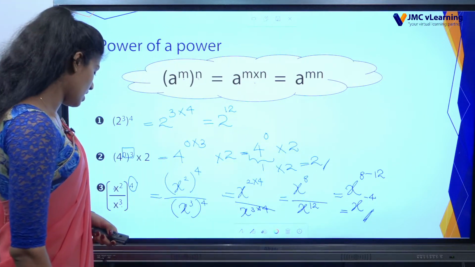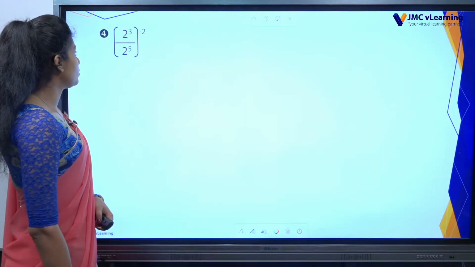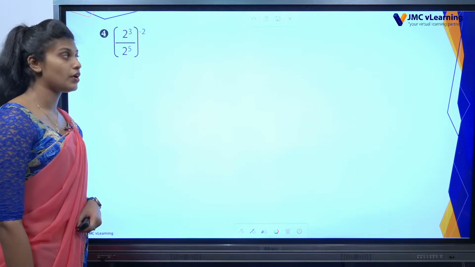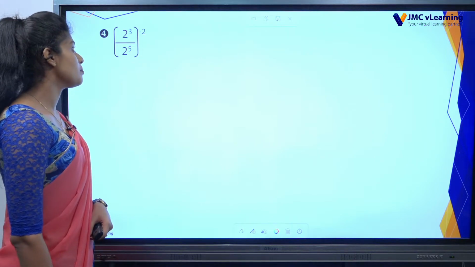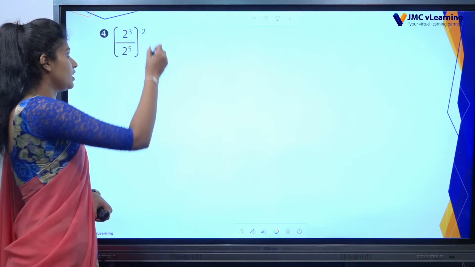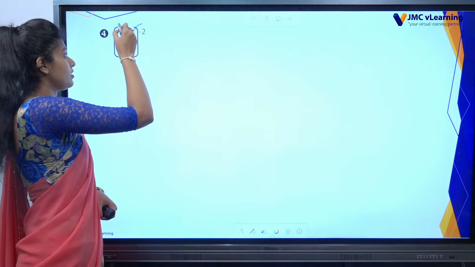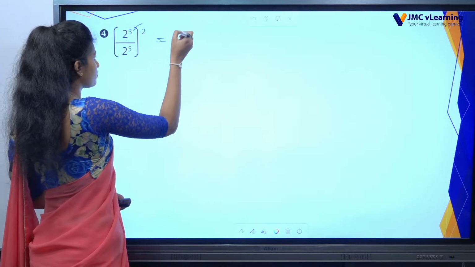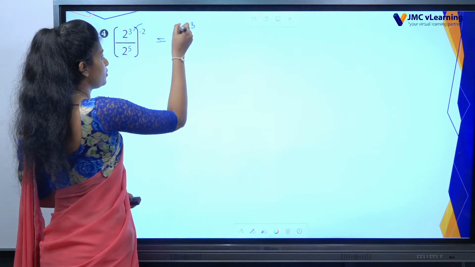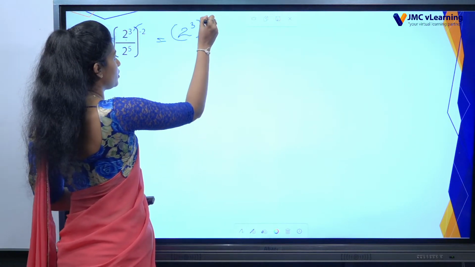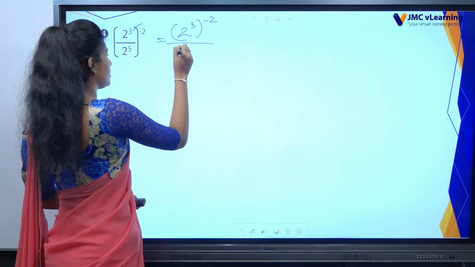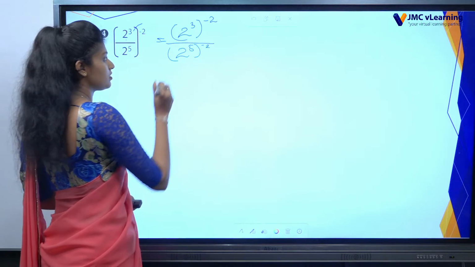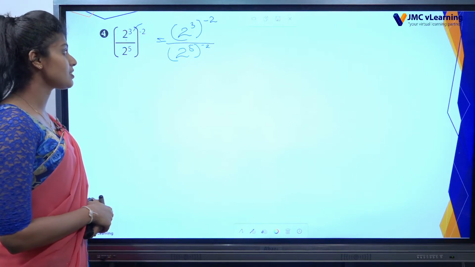This is the answer. Next: (2^3 / 2^5)^-2. Here minus 2 applies to both parts. So let us do (2^3)^2, then (2^5)^-2. Now the powers are negative.